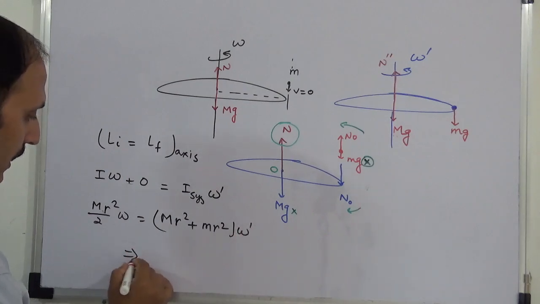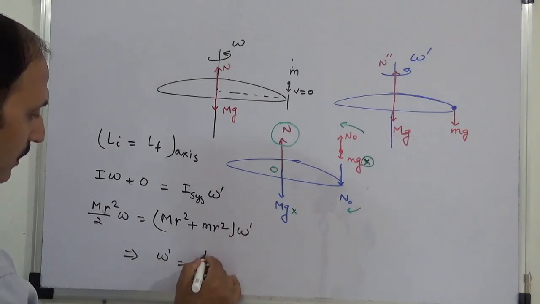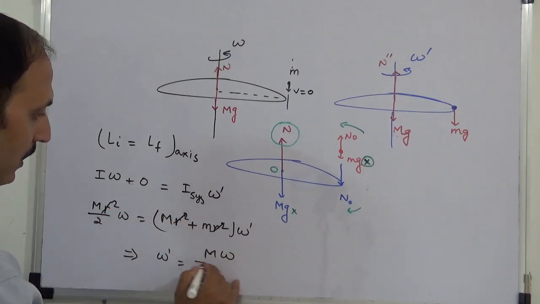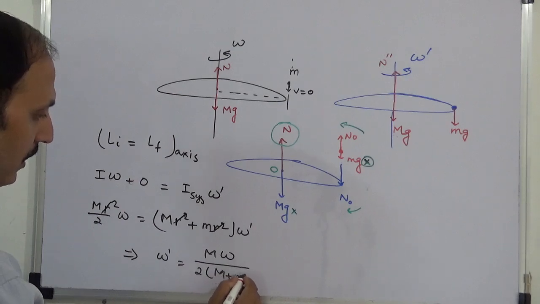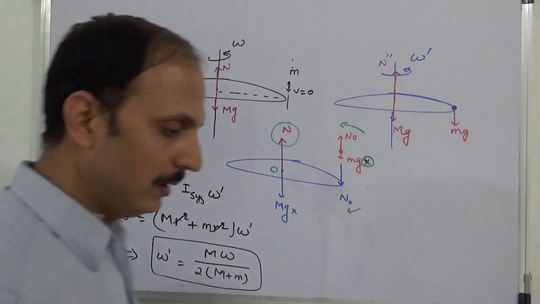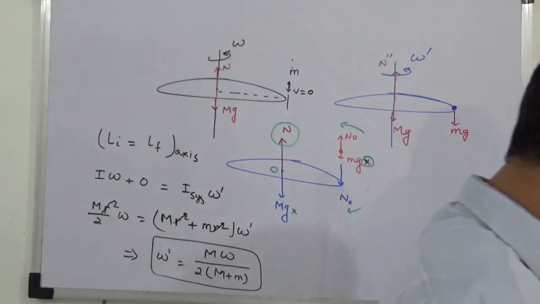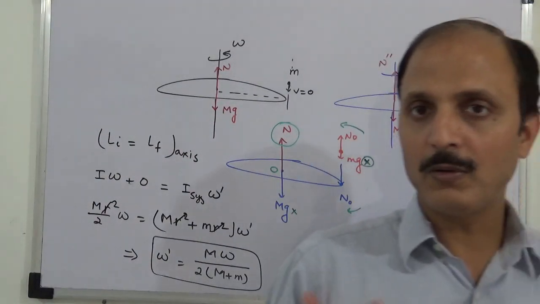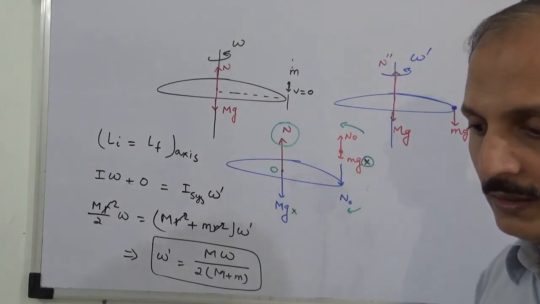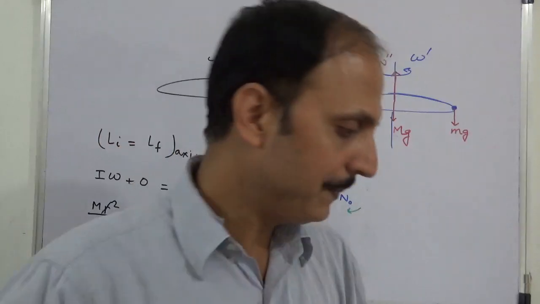From here we get omega prime: r square is cancelled, so omega prime equals M omega by (2M plus m). It's a very easy and very important example, and this is how to visualize. Watch it 2-3 times and then I think you will understand.